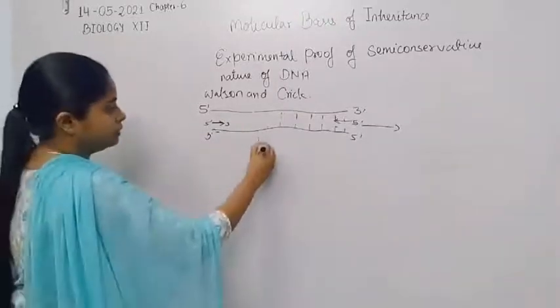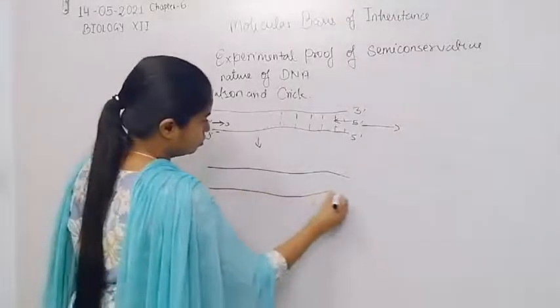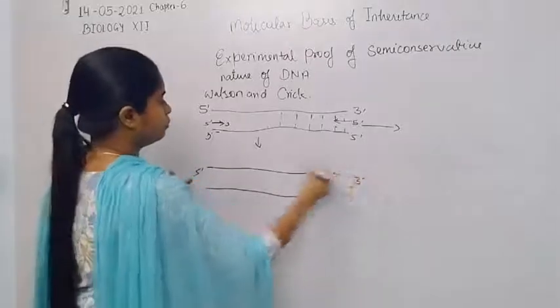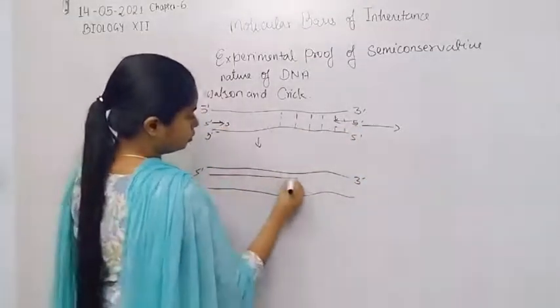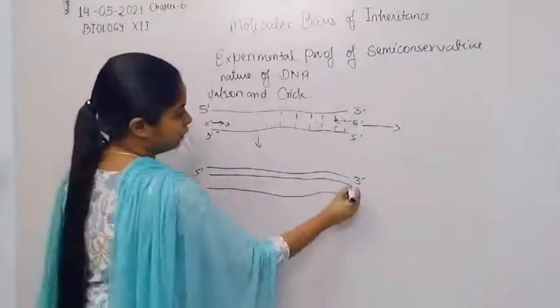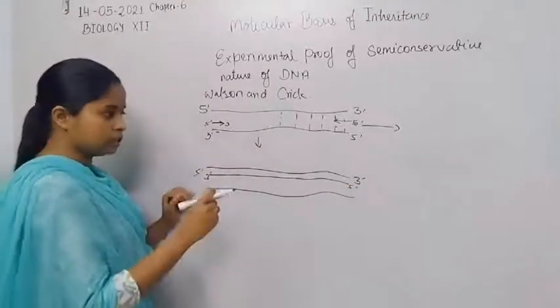Thus when the synthesis is done, here is the parental strand where the direction is 5 prime to 3 prime, and this strand is anti-parallel in direction because the synthesis is fully done.